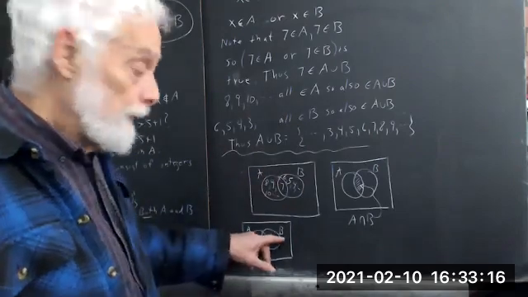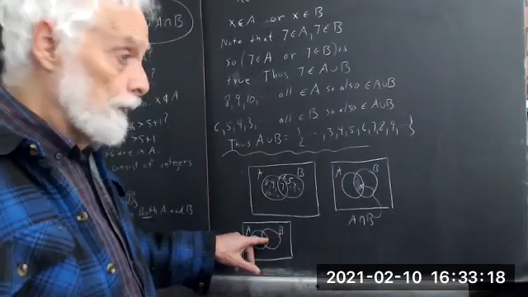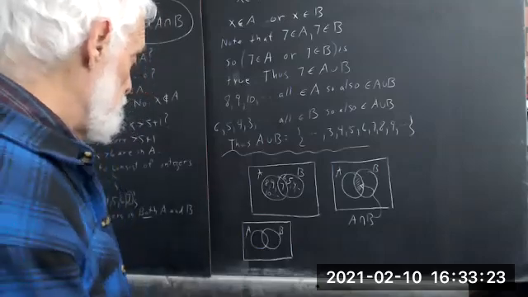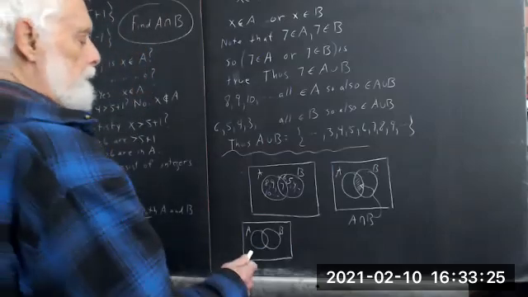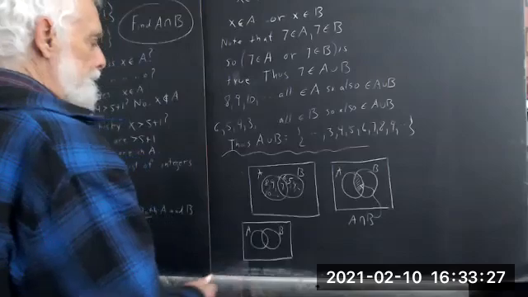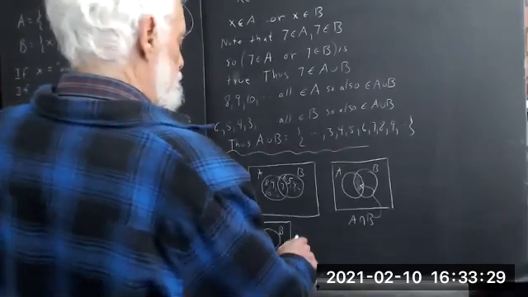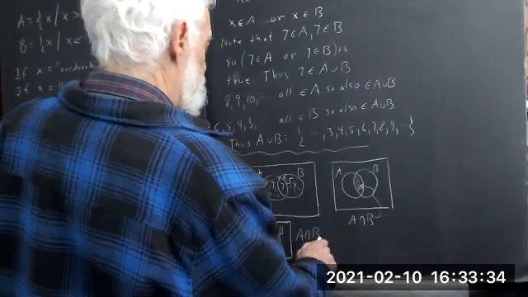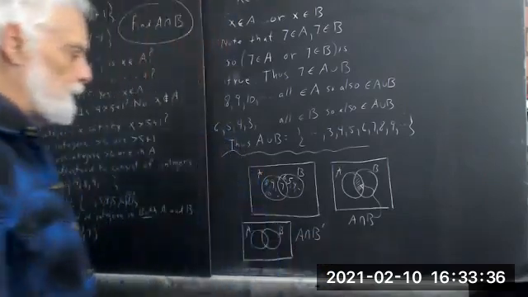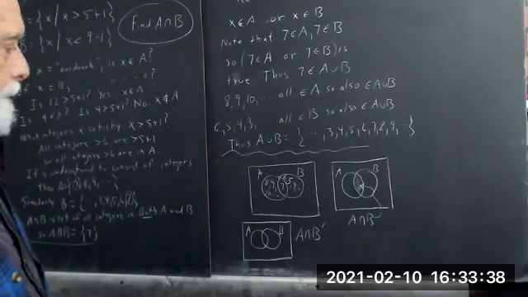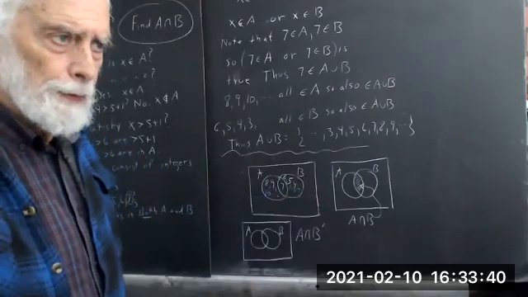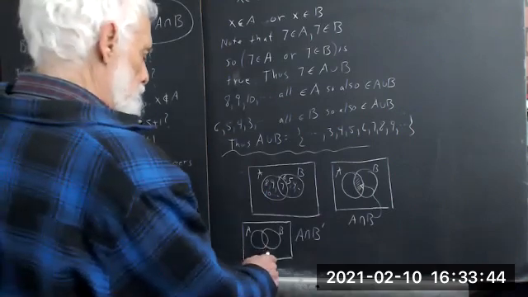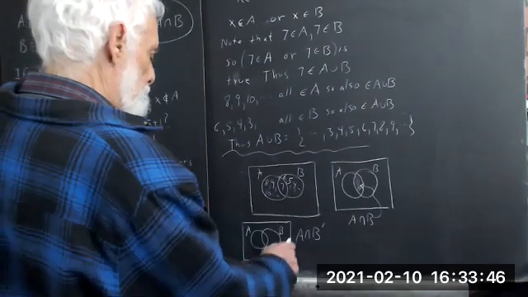Okay. So we got A and B here. And here, of course, we've got A intersection B. And let's say I want to shade A intersection B prime. Now, B prime stands for everything that's outside of B. So B prime, well, I can kind of shade that.